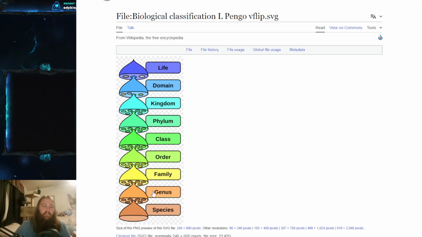Genus is the same way. So the genus Oreochromis, the blue tilapia that we did before, there is no other genus Oreochromis in the world. That allows it to be unique. It allows scientists to know what they're talking about. Specific epithets can be reused.